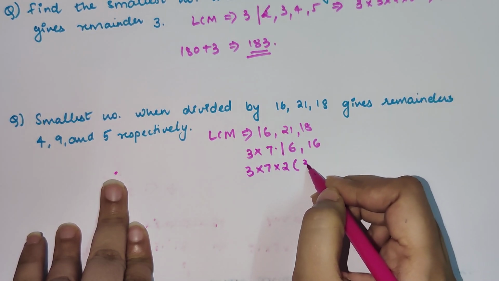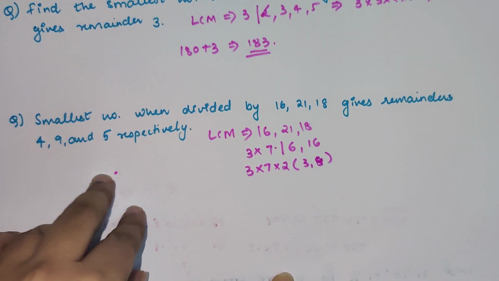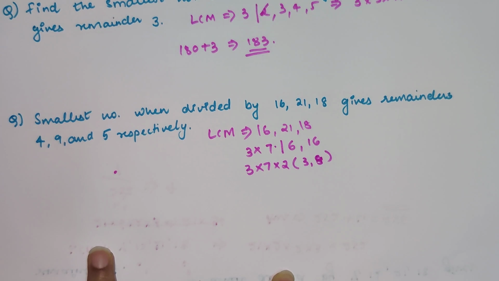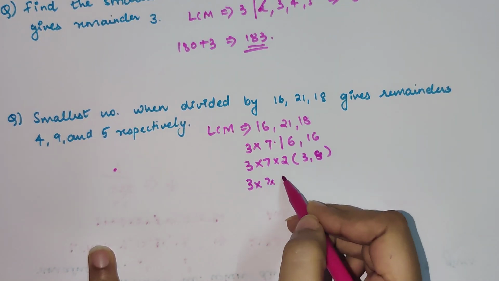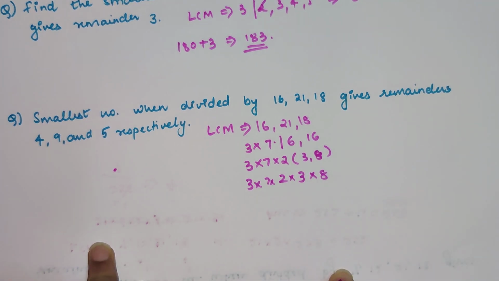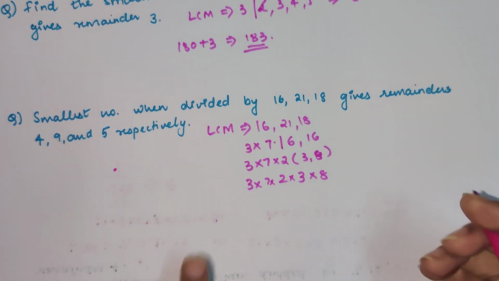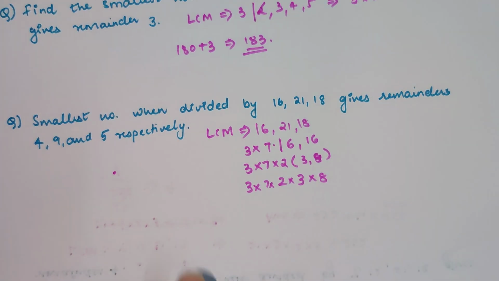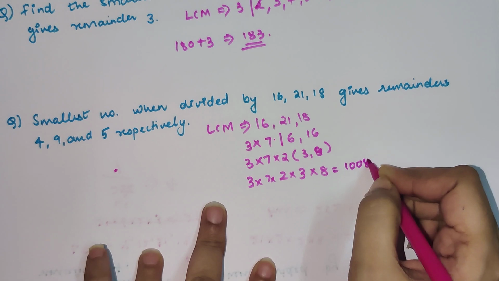So you're left with again 3, 8. So basically you are getting 3 into 7 into 2 into 3 again and into 8. Correct? So this is going to get you the answer as nothing but 1008.